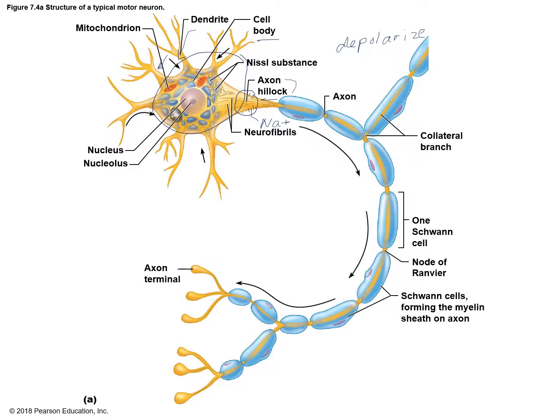And then once that nervous impulse starts at the axon hillock, it's going to be sent down the length of the axon. So what we're seeing with this blue material, this is going to be your myelin sheath.